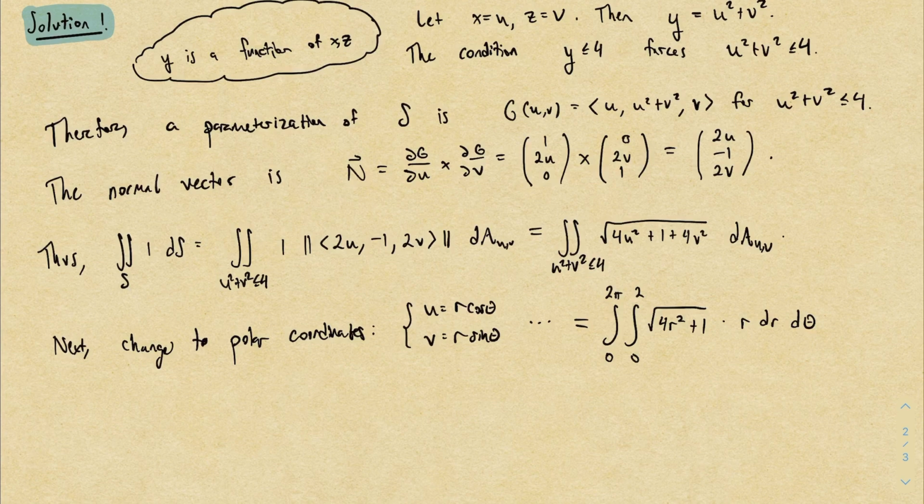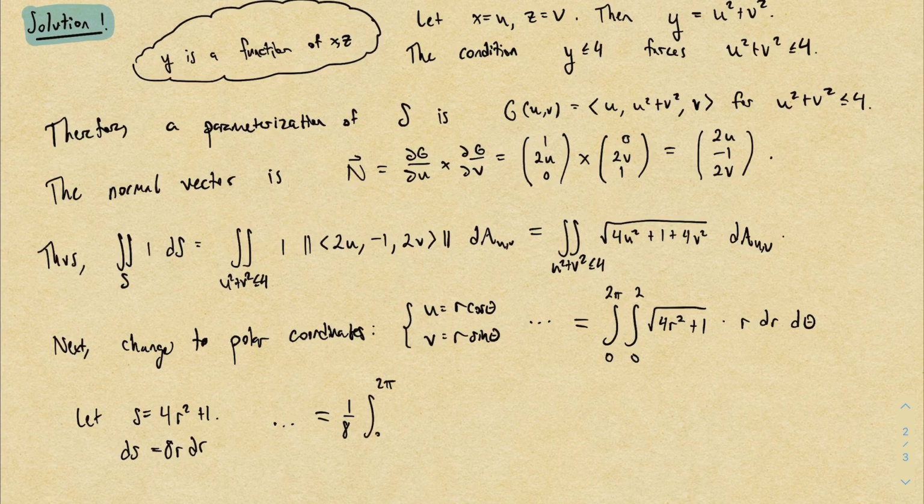I'd probably do another variable substitution in the single variable sense, where I call this stuff under the square root a new name. We're running out of letters to use, so I guess I'll call this s. Then ds would be 8r dr. So r dr is 1/8 ds, so I pick up a factor of 1/8 out front.